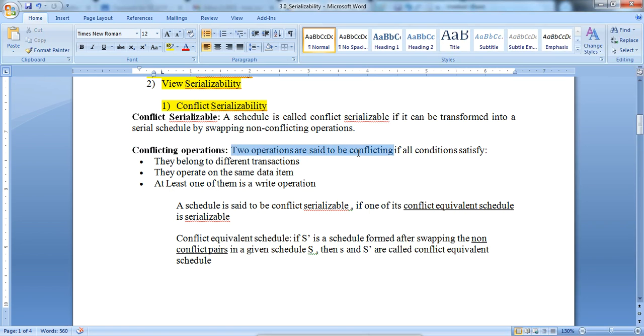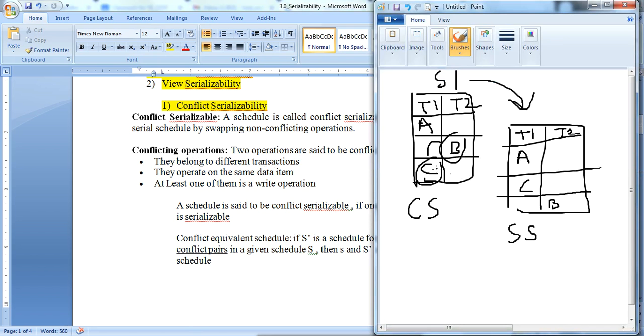Two operations are said to be conflicting if all conditions are satisfied. First, they belong to different transactions. Yes, C and B belong to different transactions.